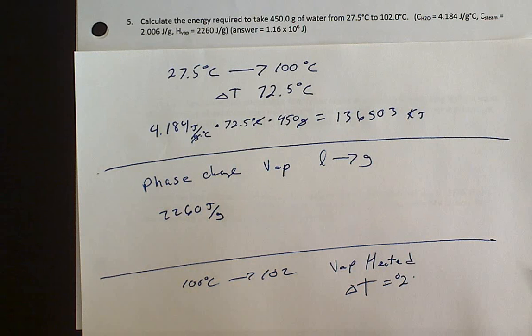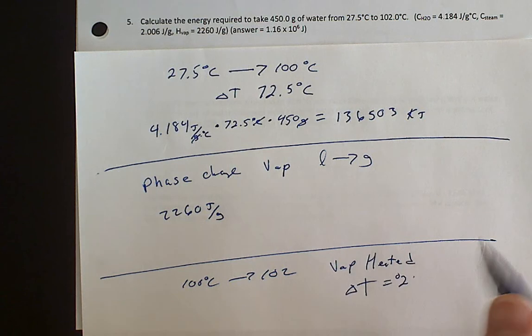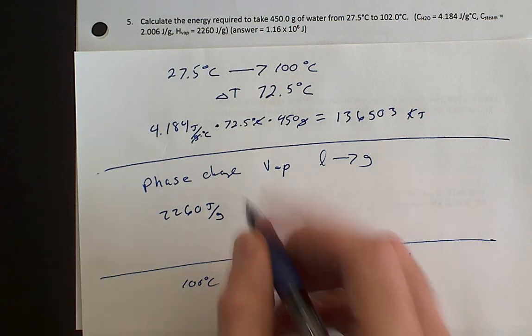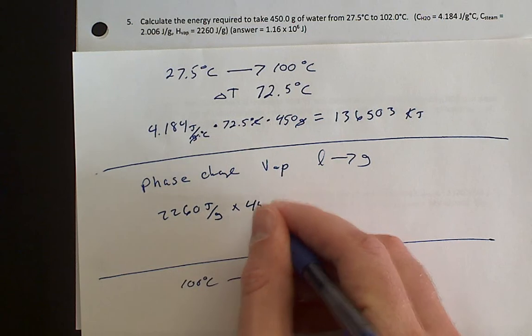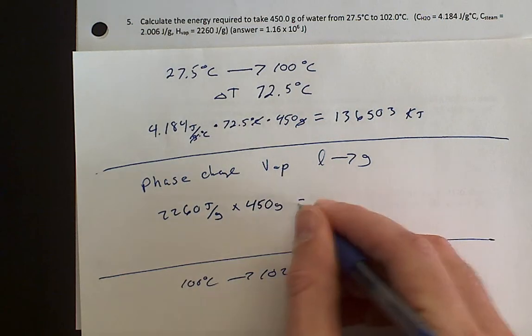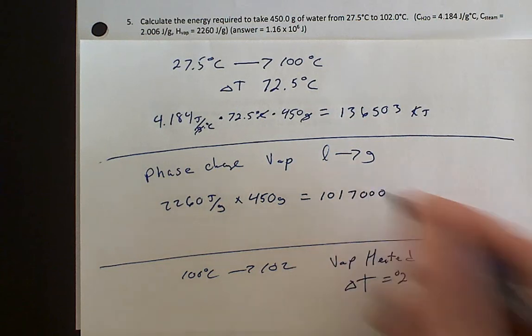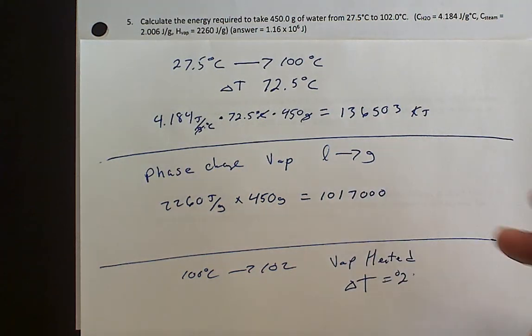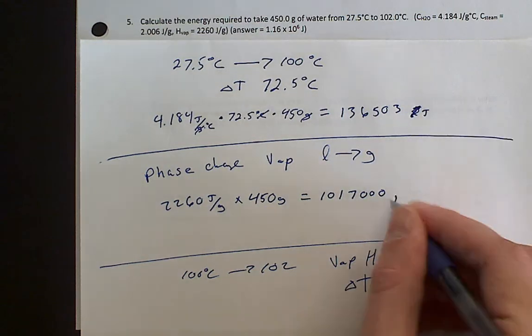Remember, we don't have a temperature change, therefore we're not going to have a temperature that we put in our calculations here. We're just going to multiply the heat capacity by our specific mass that we have, and that gives us 1,017,000. And this should be in joules. This is also in joules.